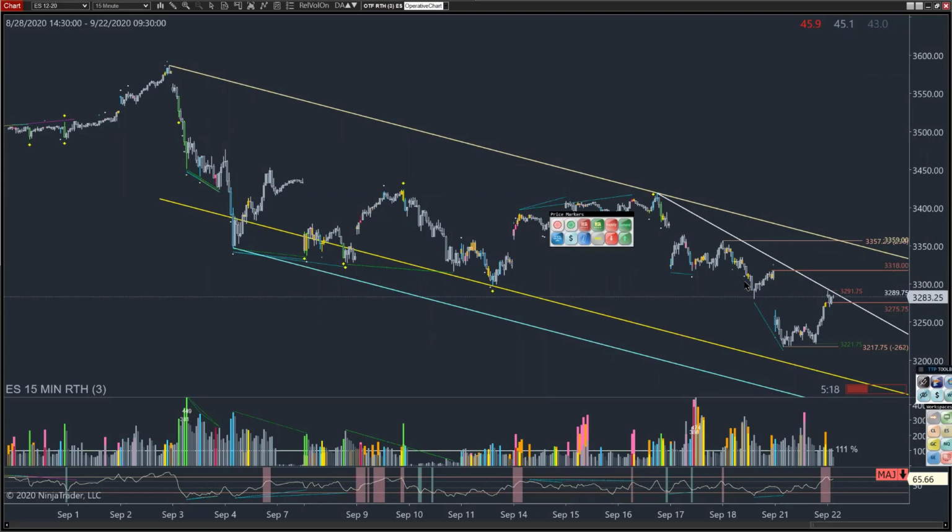That's 33.31. It is turning up from the bottom of the channel on the 10-minute ETH chart.